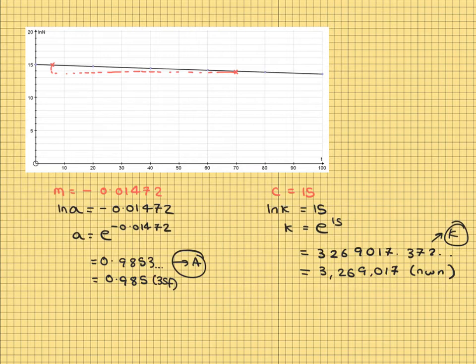Now, this is the point at which I know some of you will probably have become a little bit anxious because you've got different values for k than the back of the book.